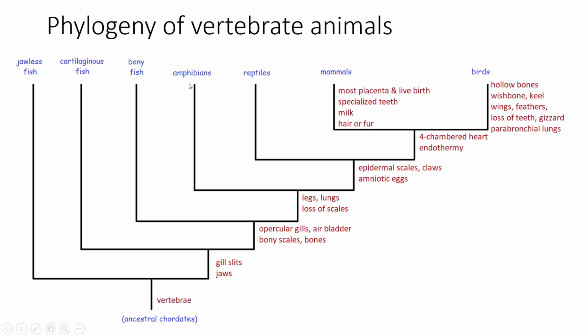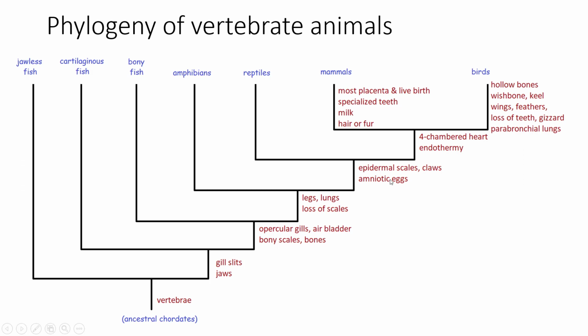The next group, the amphibians, they have a smooth skin with mucus glands and often poison glands, but they lost the bony scales of the fish as part of their evolution, and then evolved lungs and also legs. So amphibians were the first group of legged vertebrate animals.